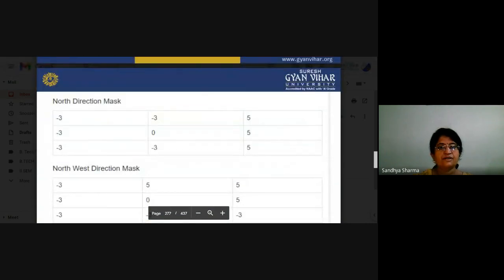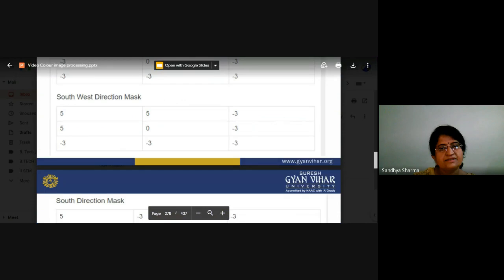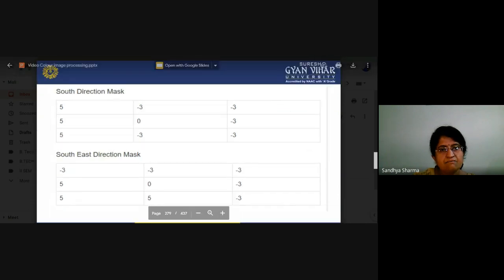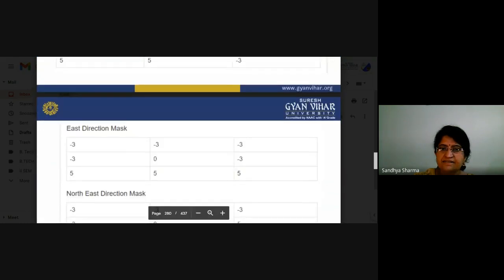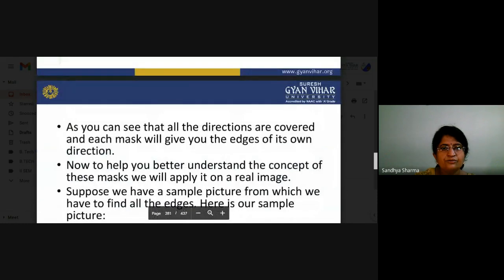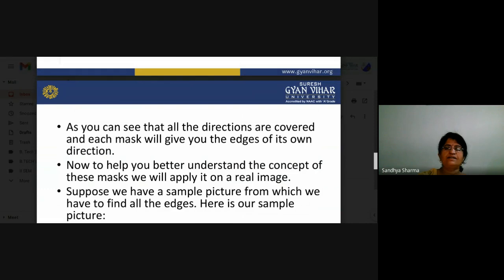North direction mask, we can see here northwest direction mask, that is again a west direction, southwest direction mask, east direction mask, northeast direction.